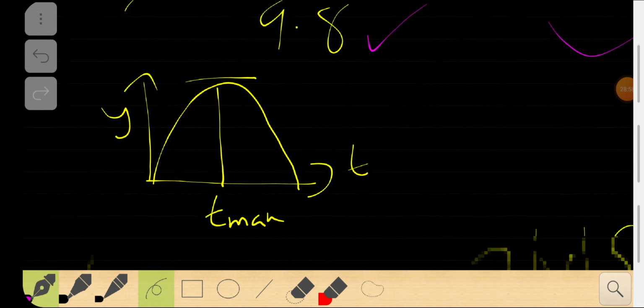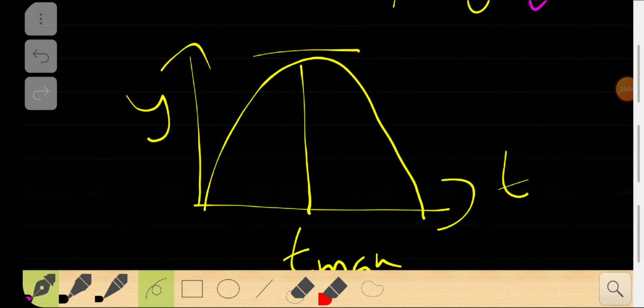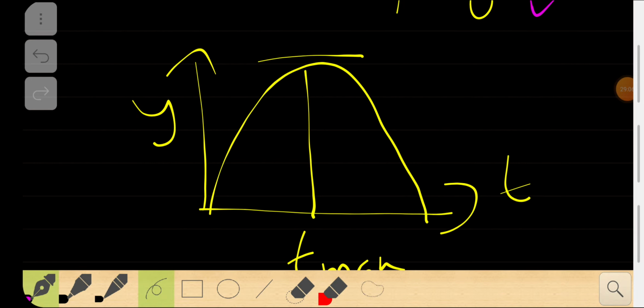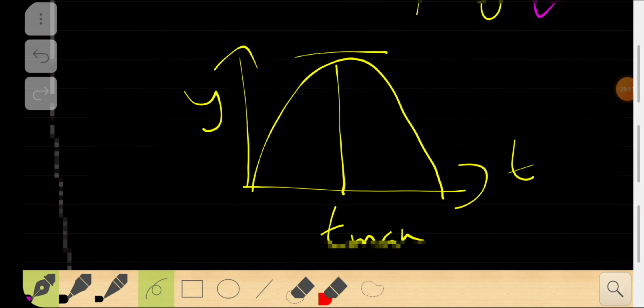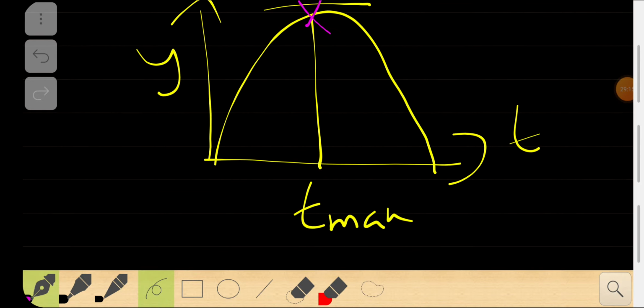So that's 1.44 seconds. Now if you look back at the y versus time graph for the position, you can see this maximum point, which is the t max.